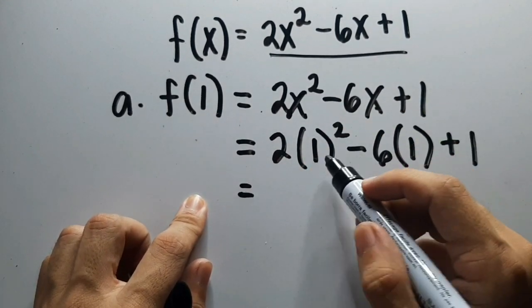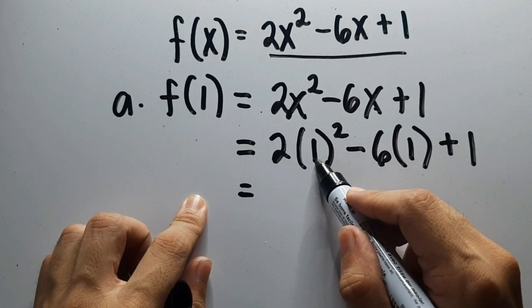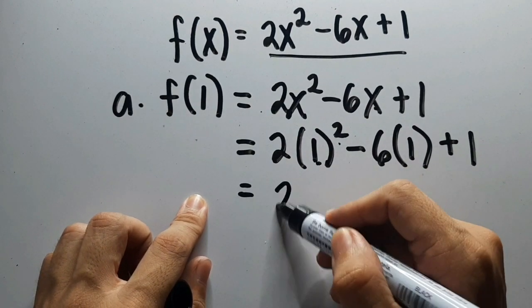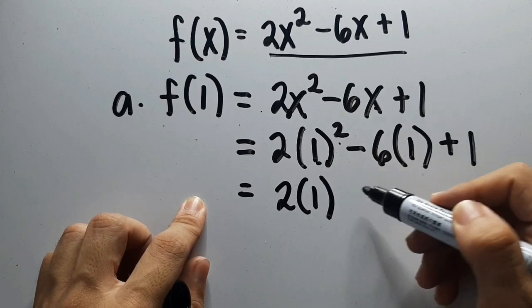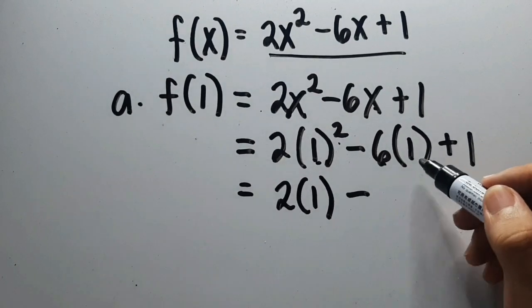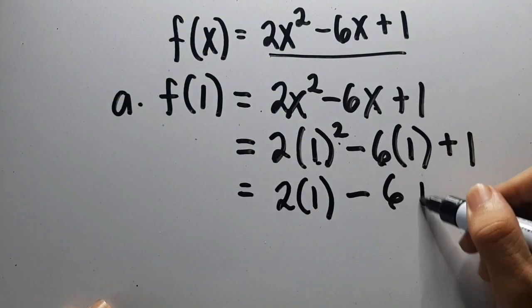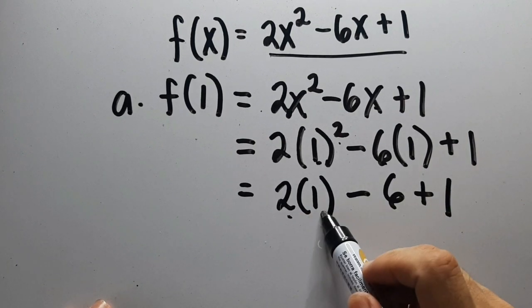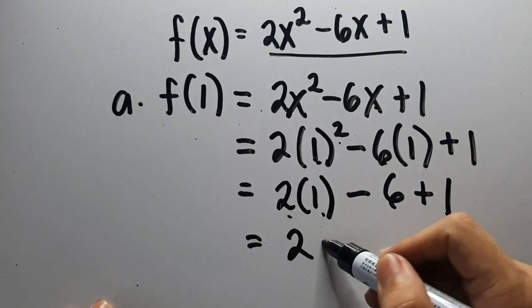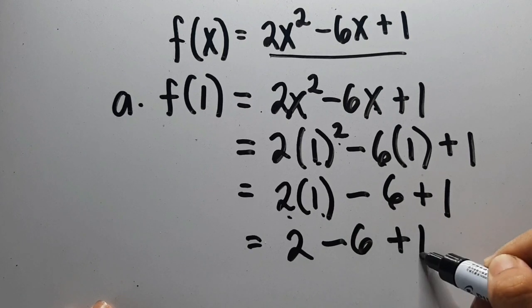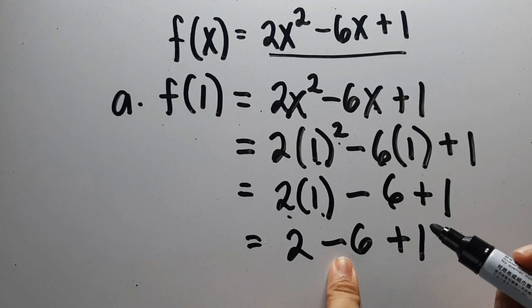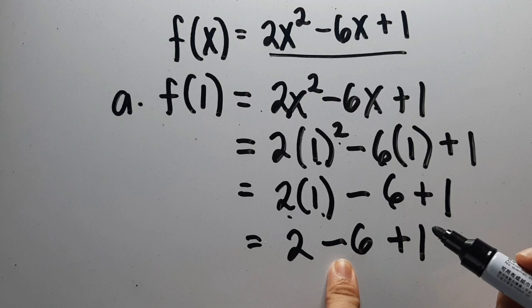So, we have 1 times 1 is 1. So, remain lang siya. So, we have 2 multiplied by 1 minus 6 times 1 is 6 plus 1. So, 2 times 1 is 2 minus 6 plus 1. So, 2 minus 6 is equal to negative 4.